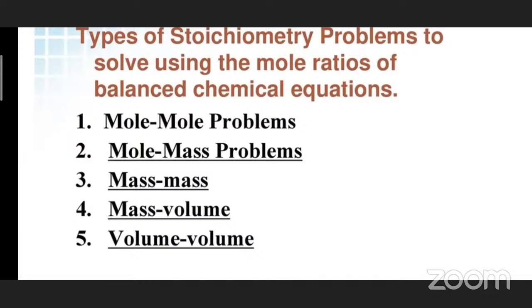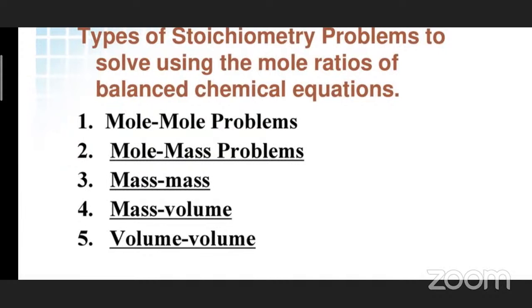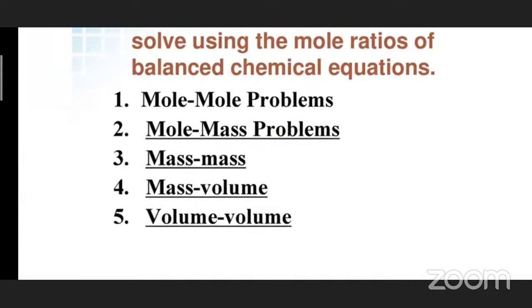They can ask you to find the relation between the first reactant and the product, or the second reactant and the product, or the two reactants, how much of the two reactants have to combine to give the product. So based on that, they will ask you either the mole-mole relationship, or the mole-mass relationship, that is the mole-weight relationship, or the mass-mass relationship. It could be mass-volume, or else volume-volume.